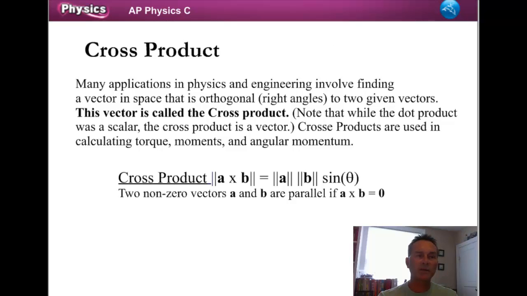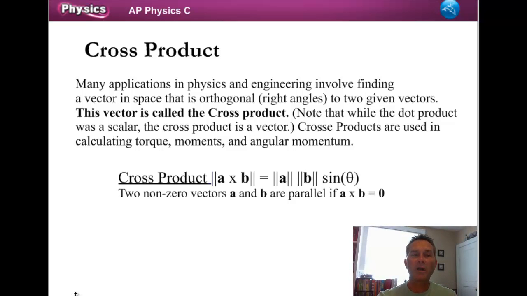Okay, cross product. Many applications in physics, or even in engineering, involve finding a vector in space that is at right angles to other vectors. We call the multiplication of this the cross product. This is often used in engineering, especially in calculating torques and moments, and in physics, also in calculating torques or angular momentum.